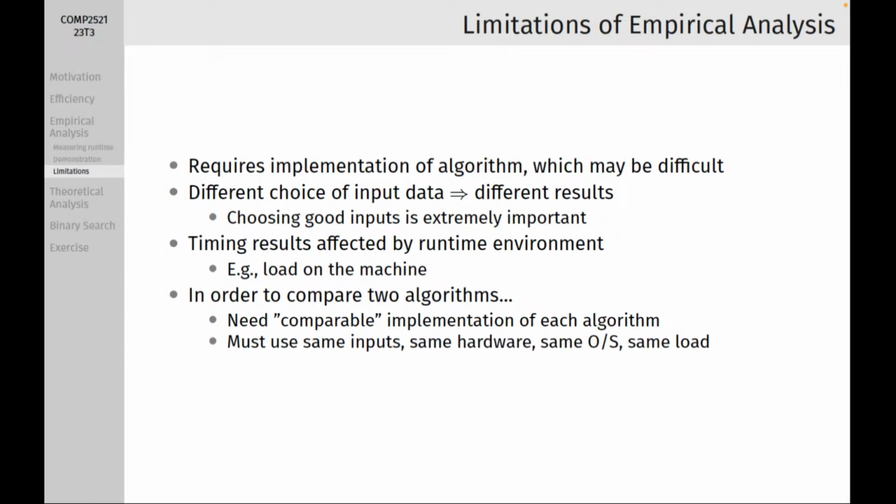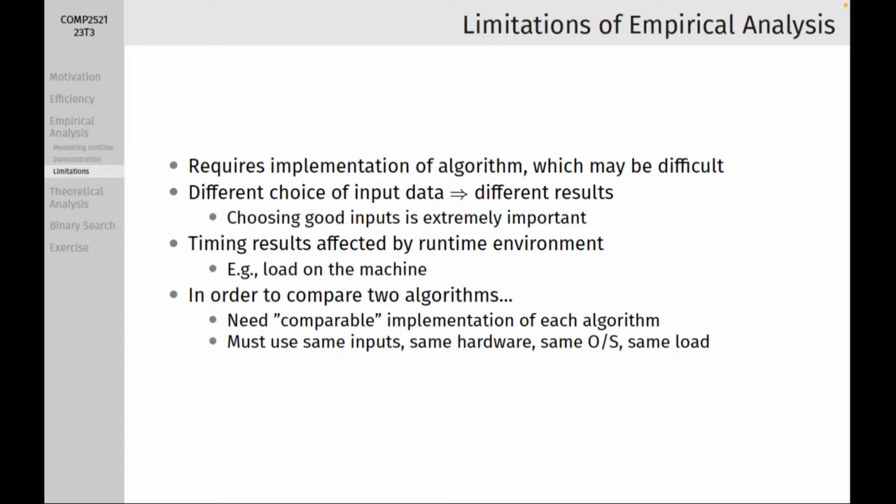Another limitation is that your choice of input data will affect the results that you get, right? And depending on what input data you give your program, you might come to different conclusions about how efficient the program is. So choosing good inputs is extremely important when you're doing empirical analysis.